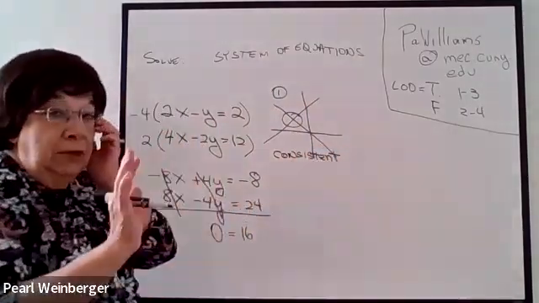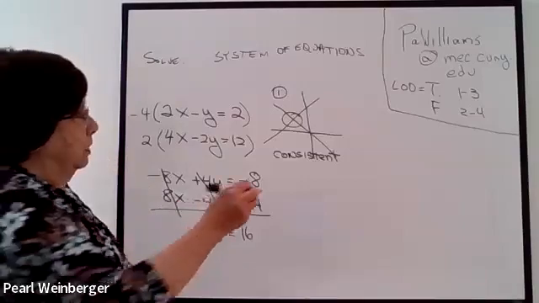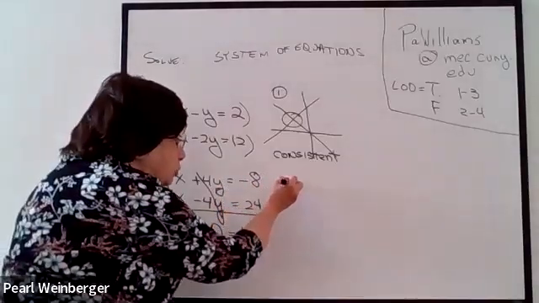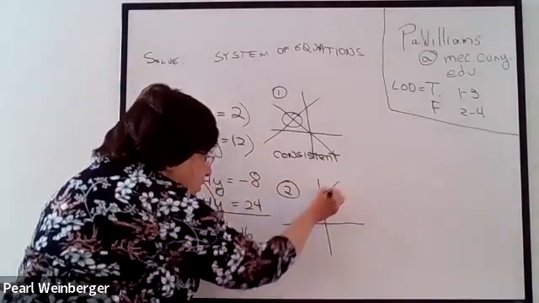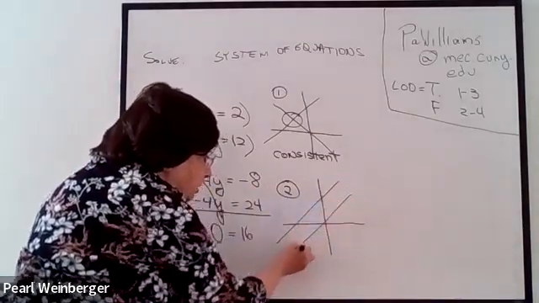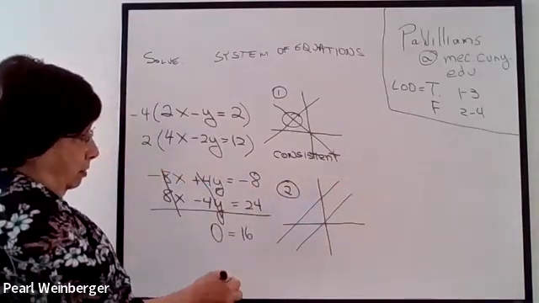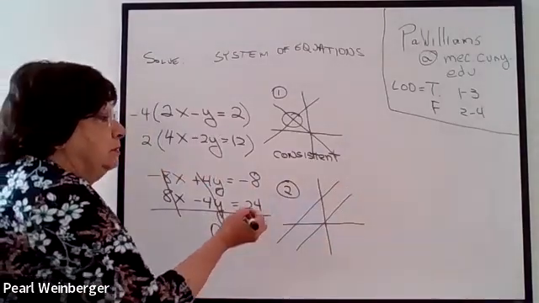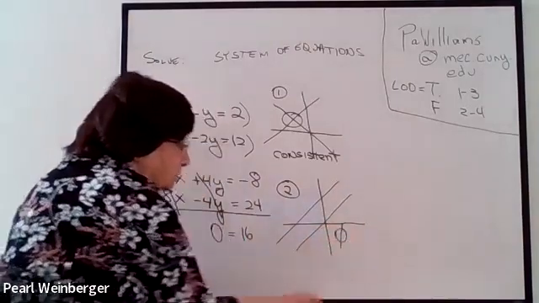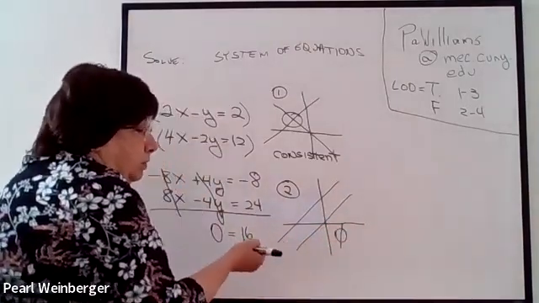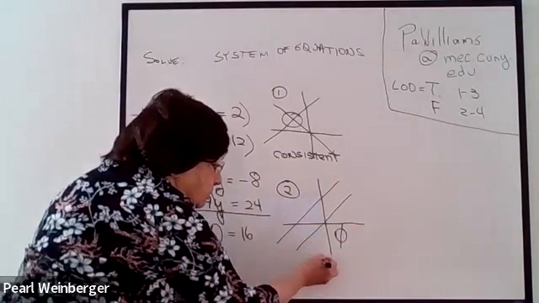That's the most common scenario. Scenario number 2 is where, when you draw your 2 lines, the 2 lines turn out to be parallel, and there's no solution. There's no point where they meet. These are inconsistent.